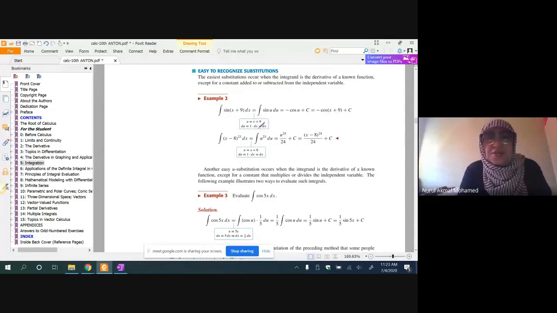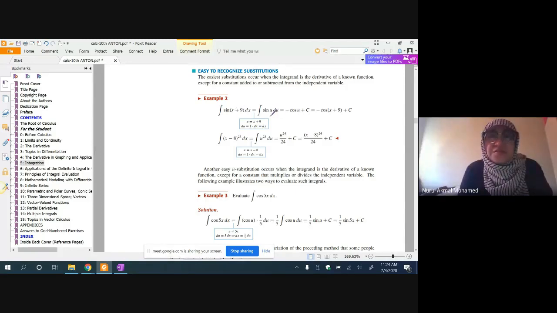So here, you replace dx as du. So what you will have is sine u du. So this integration in terms of u is much simpler for you to integrate as compared to the first one, which is in terms of x plus 9.